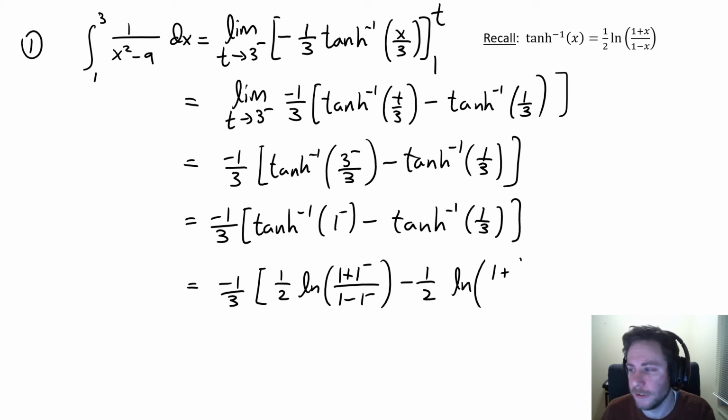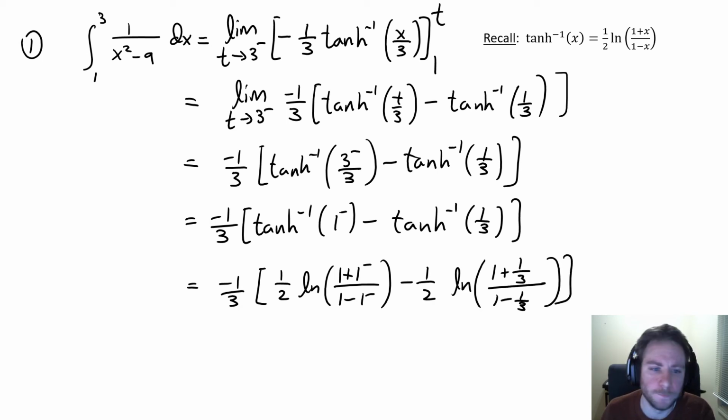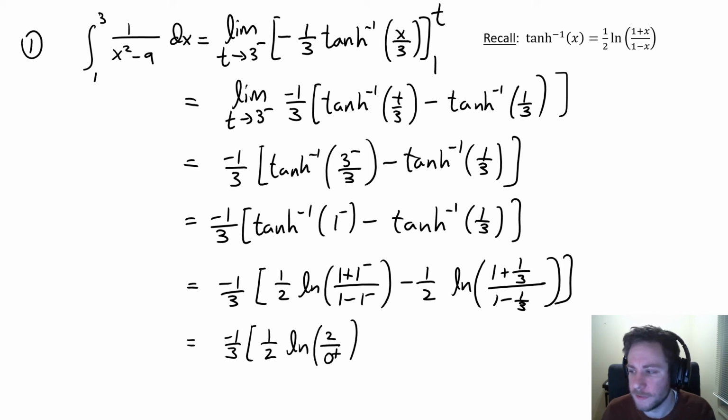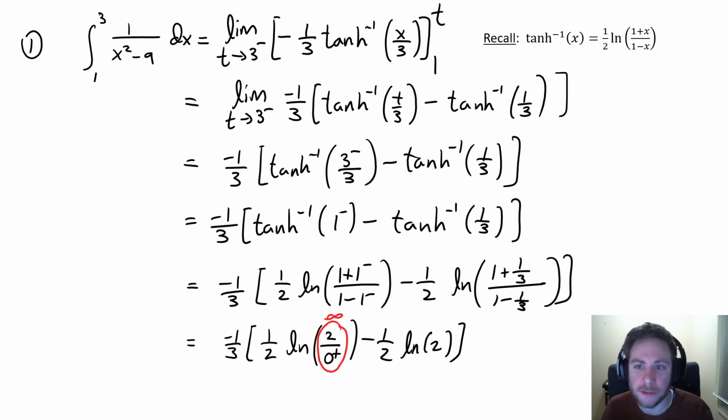Similarly, we'll do the same thing for our second term. For the first term, the fraction inside the logarithm simplifies to 2 divided by a small positive number. And you can check that for the second term, the fraction simplifies to a value of 2. Pause and check this as necessary. We know that when a positive number is approaching 0, we get an increasingly larger result when we divide by that number.